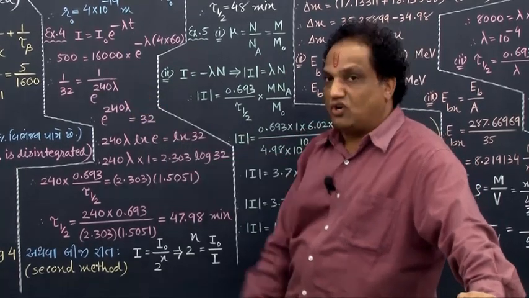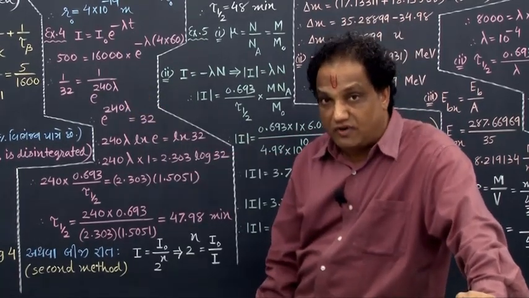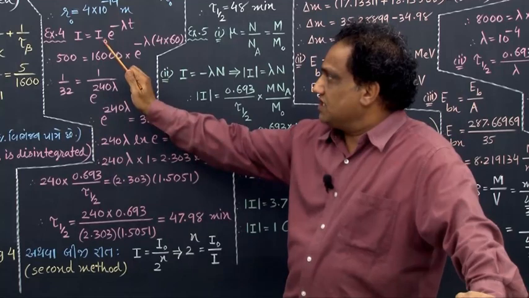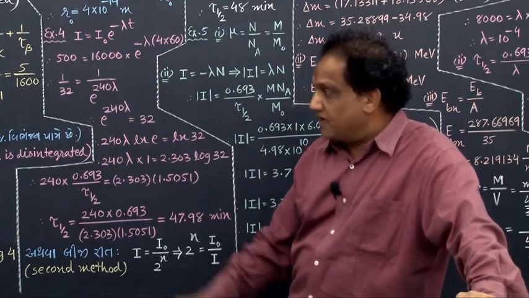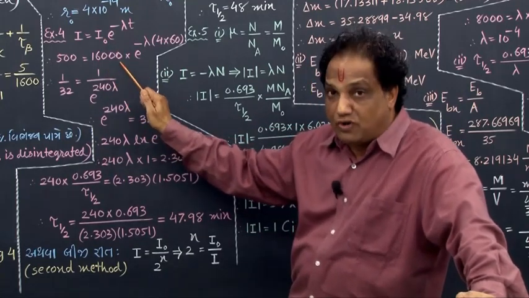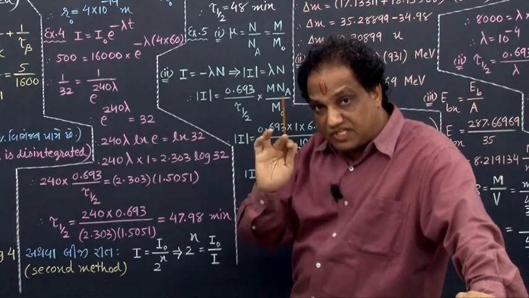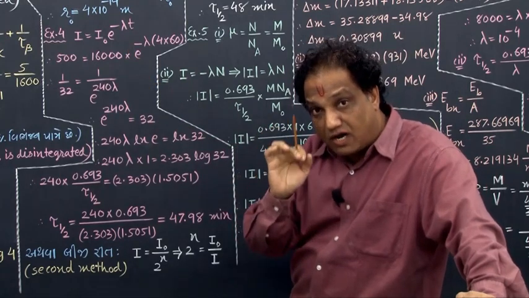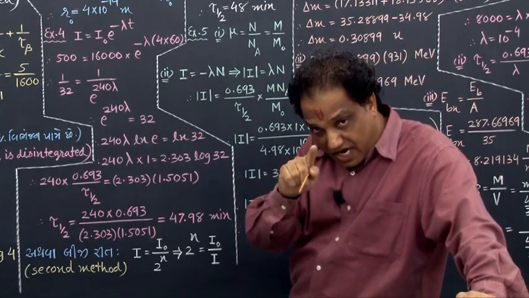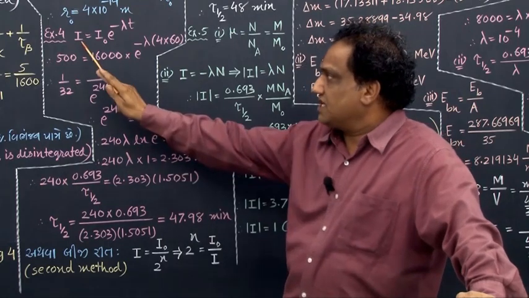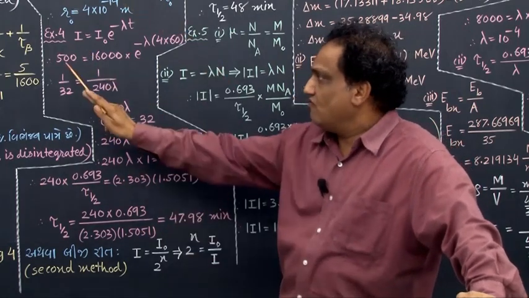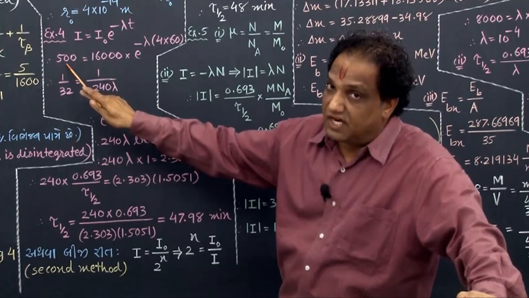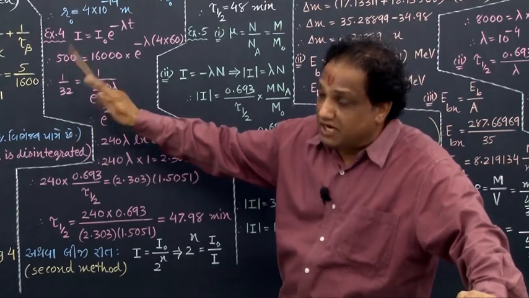This is the exponential law for activity of a radioactive element. Now this is the initial activity which they have given, 16,000 count per minute, meaning thereby 16,000 disintegrations per minute. So we are taking time in minute. After some time this activity reduces to 500 count per minute, that is 500 disintegrations per minute.